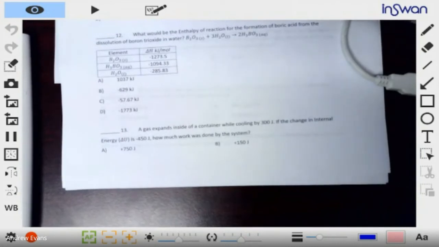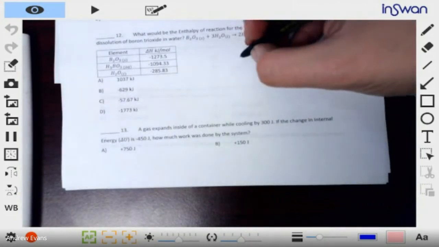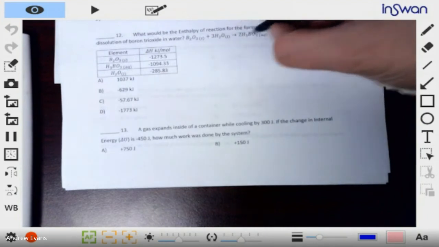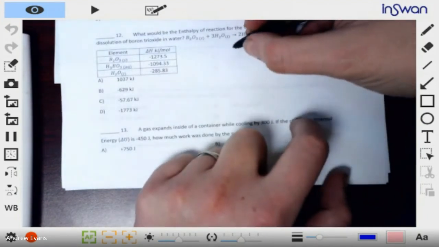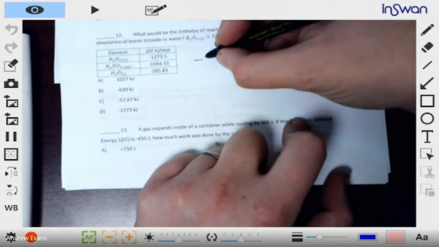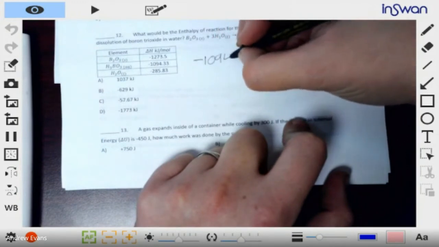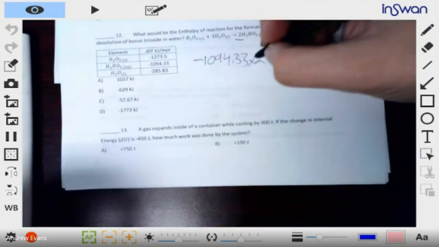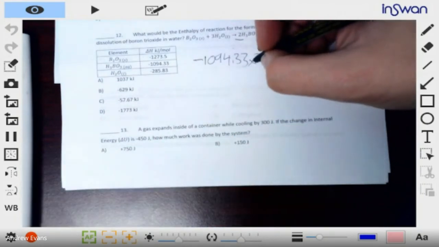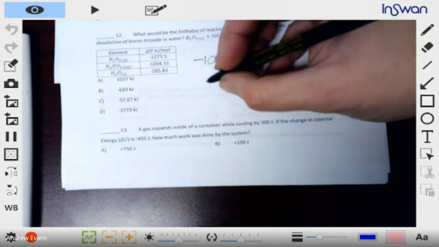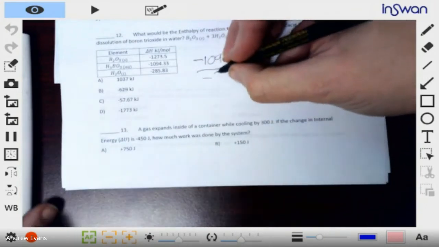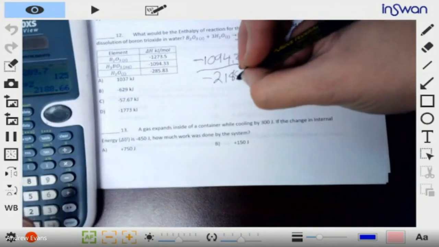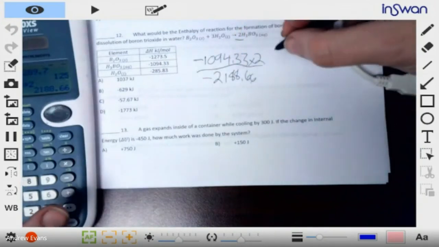What would the enthalpy of reaction be for the following, for boric acid dissolution into boron trioxide? A lot easier problem here. Still the same equation: negative 194.33. There's 2 of them, so times 2. That's negative 2188.66.